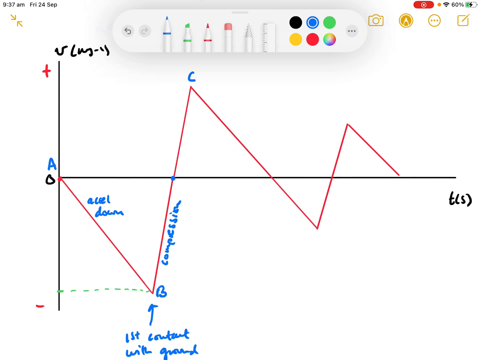So that BC section involves the compression and then the decompression. And here it leaves the ground. So the B to C section is basically the whole of the first bounce.